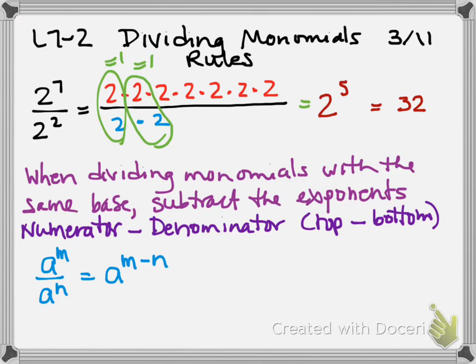All right, so I'm going to give you directions, and we'll do a couple of examples of this, and then we have one more component we're going to add in here. And I want to point out something that they mention in the directions, and why do they have to mention that? They're going to ask you to simplify, and then it's going to say assume that no denominator equals 0.